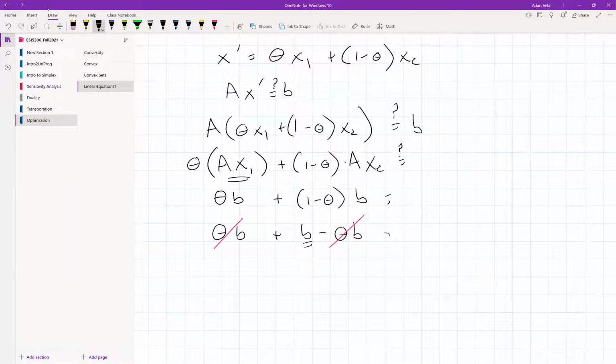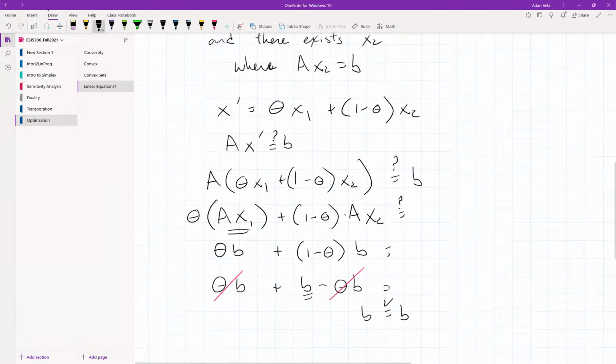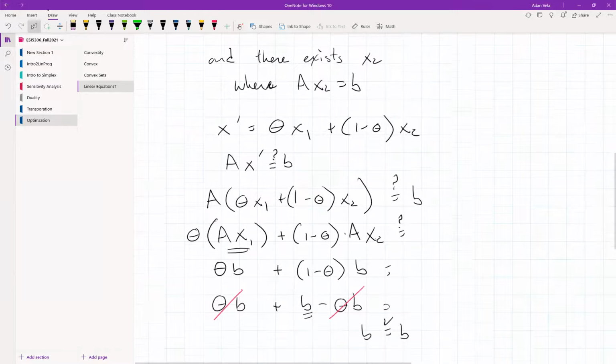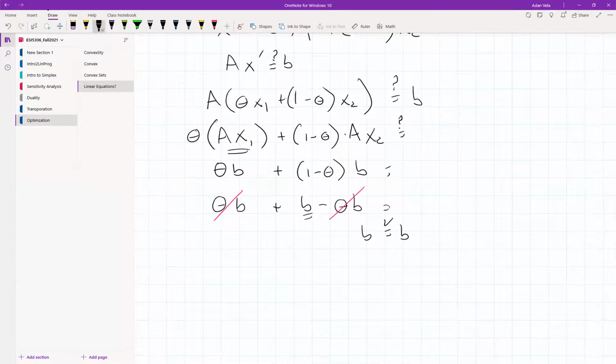So in fact, b is equal to b. That tells us that any x prime will satisfy the constraint A x prime is equal to b. So this tells us that the constraint Ax equals b is convex.